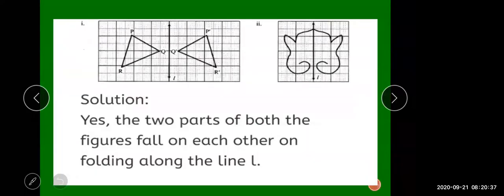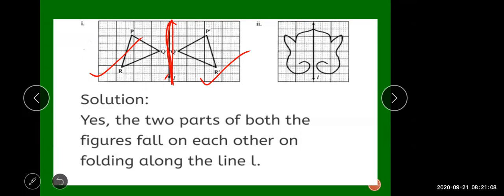First figure, triangle PQR and triangle P1Q1R1. Line L divides these two triangles equally. Look at this line L. On the left side is the original triangle, and on the right side is the image of triangle PQR.